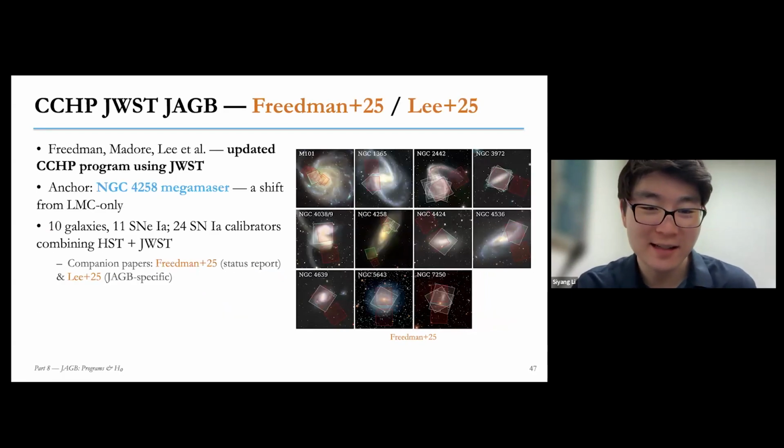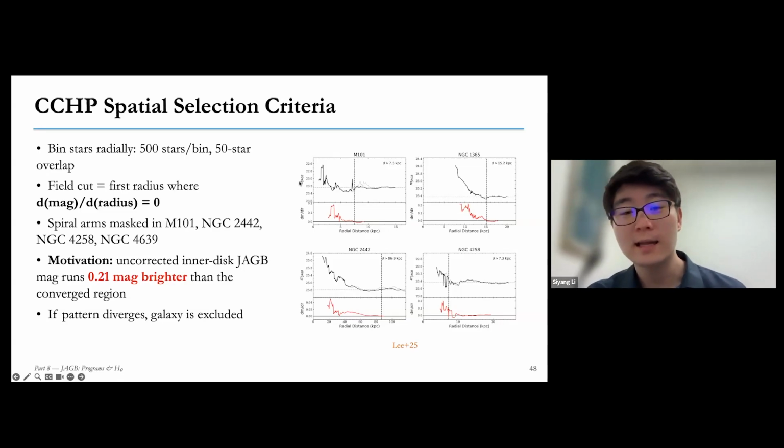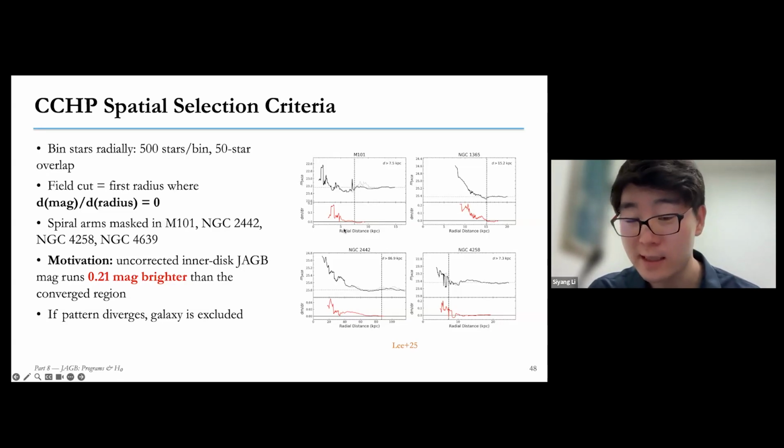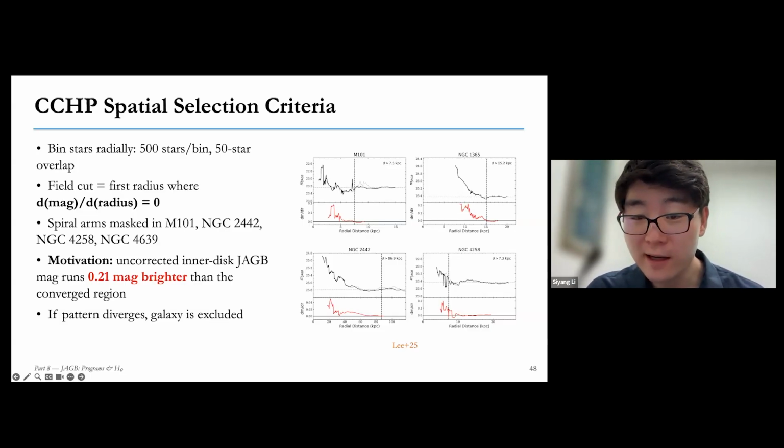To cut to the main idea, they applied and developed their own spatial selection criteria. Instead of applying artificial star tests, they measure the JAGB as a function of distance from the center of the galaxy. They observed that sometimes there's a lot of variation closer to the center of the galaxy.